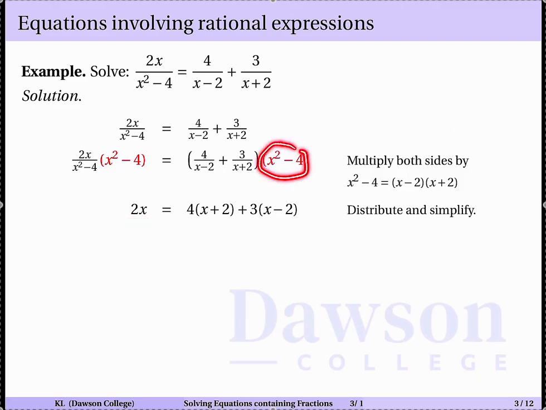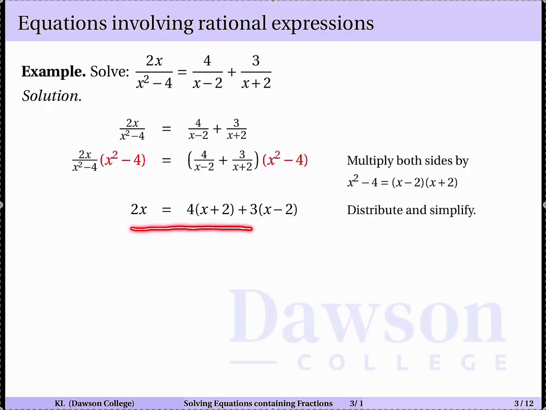In here, when we distribute it in the first addend, the x minus 2 will be cancelled, so you are left with the x plus 2, so 4 times x plus 2. And lastly, when this one is distributed here, the x plus 2 will be cancelled this time, and therefore you have 3 times x minus 2.